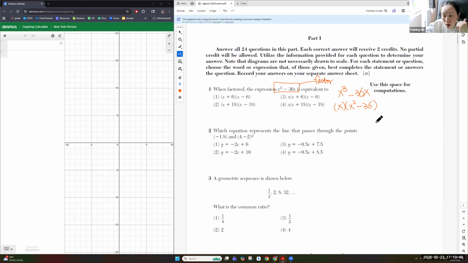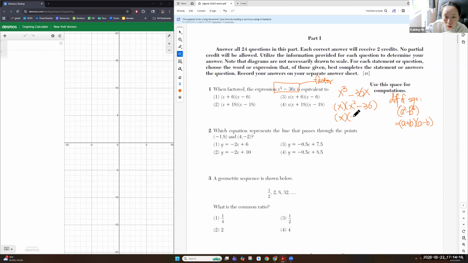After that, x squared minus 36: you notice that x squared is a square and 36 is also a square, so you can think about the difference of squares. The difference of squares is a formula: a squared minus b squared turns into a plus b times a minus b.